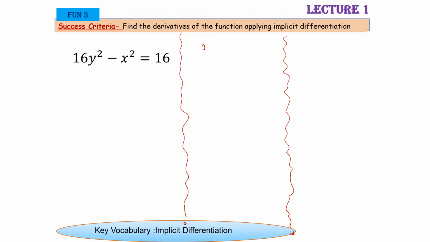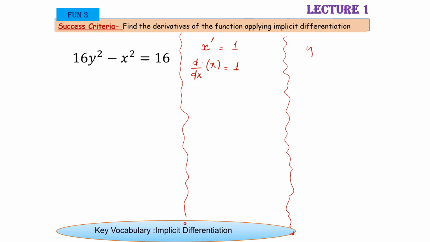Remember, if I ask you to take the derivative of x, previously we said that the derivative of x is 1. Why? Because we are differentiating x with respect to x, meaning d by dx of x equals 1.